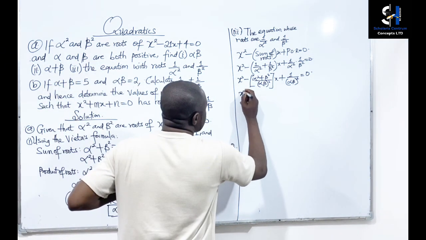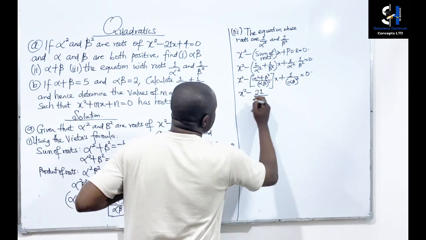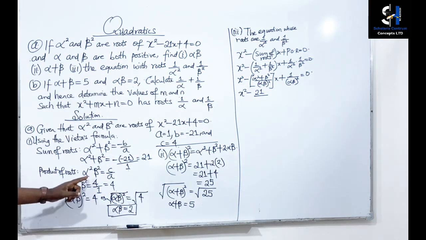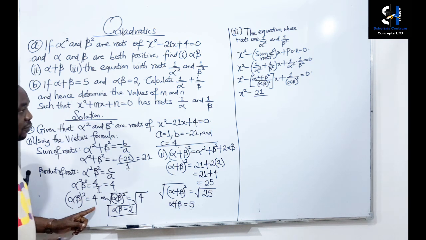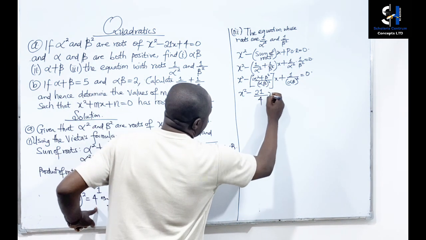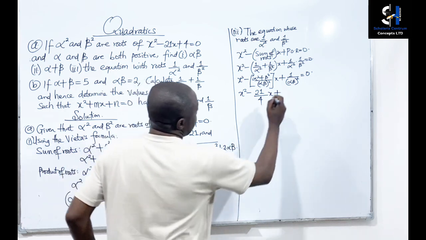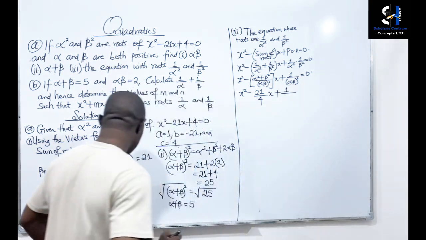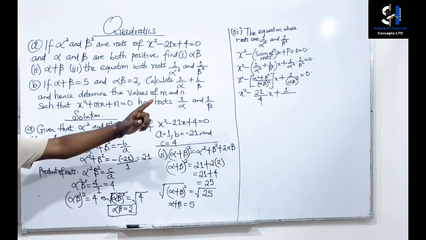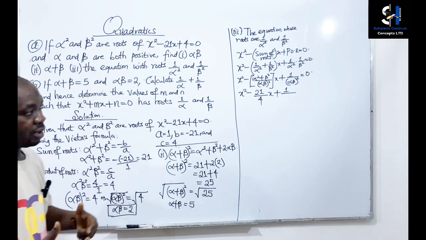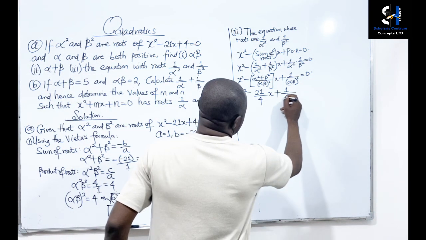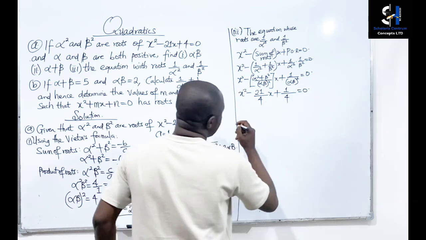So this will be x squared minus 21 over, now alpha squared beta squared is the same thing as alpha beta raised to the power of 2, which is 4. So this will be over 4, then x plus 1 over the same thing, that is 1 over alpha beta raised to the power of 2, that will be alpha squared beta squared, which is 4, equals 0.